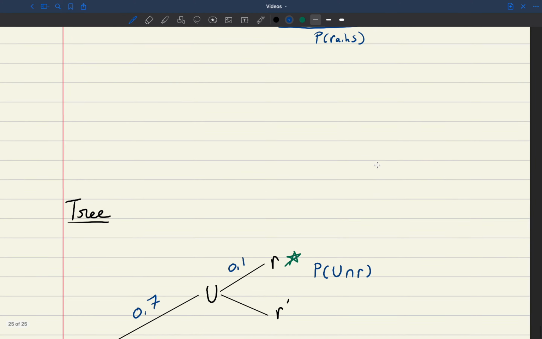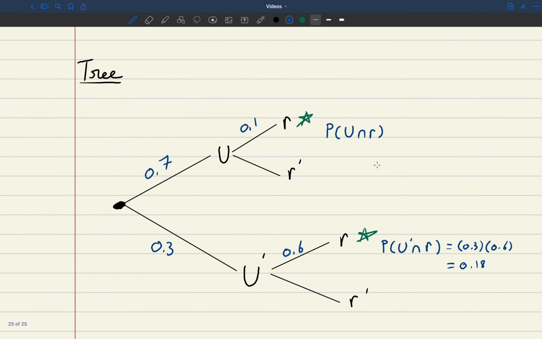Now, what is the probability that it rains? Well, here's where the green stars come in, because it rains here and it also rains here. So I need to find this as well, and this would be 70% chance we bring our umbrella and 10% chance that it rains. 7 times 1 is just 7, so this would be 7%.